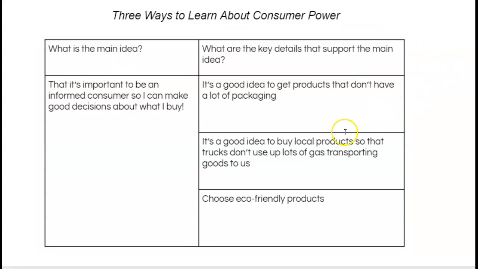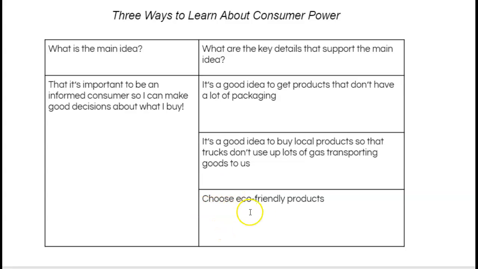So I think that's pretty much the main idea, because this idea about getting products that don't have a lot of packaging means that I can be an informed consumer and not waste a lot of silly packaging that doesn't need to be on my products. The fact that it's a good idea to buy local products so that trucks don't use up a lot of gas transporting goods to us also is a part of this idea of being informed, because I might want to buy local things so I'm not going to make the world an unhealthy place.